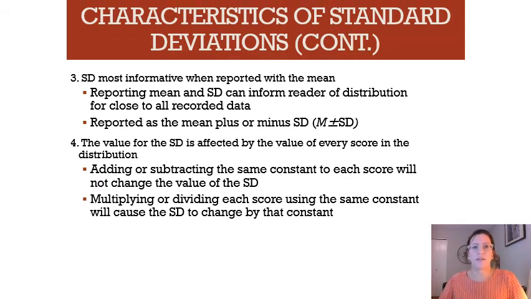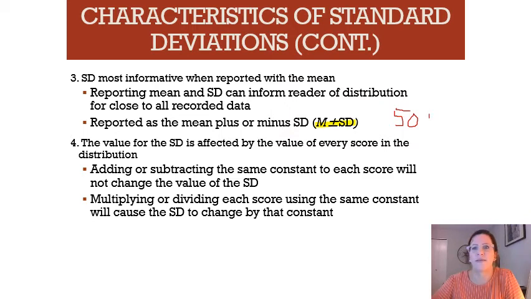Other important things is the standard deviation is typically reported with the mean. So it's kind of useless information if you just report just a standard deviation. It's usually reported with the mean plus or minus standard deviation. So if we had a mean of, let's say, 50, I would put 50 here, and then our standard deviation for that sample maybe is 5.